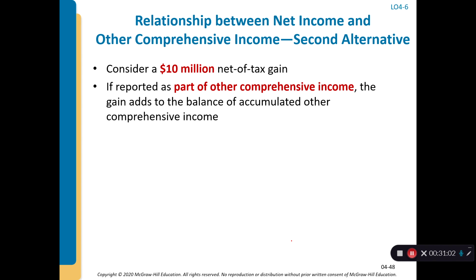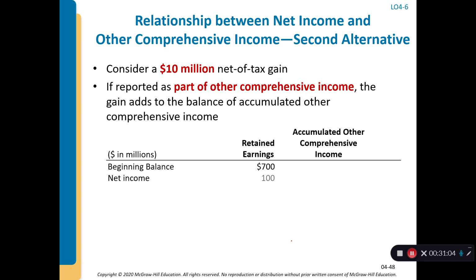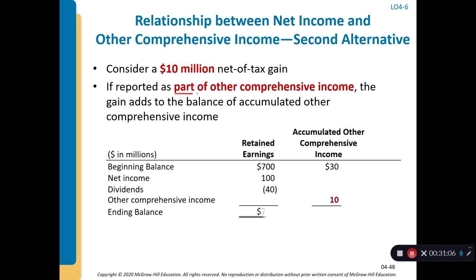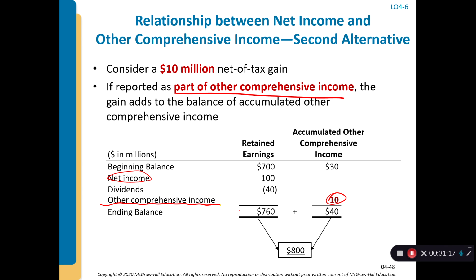Another way you can treat it is to report it as part of OCI, so you do not put the 10 million on the net income line, but you put this 10 million in other comprehensive income.